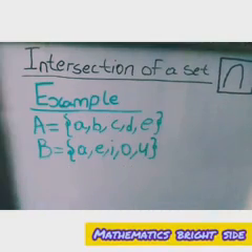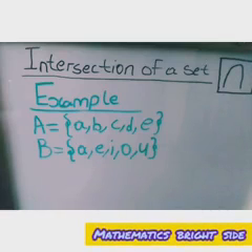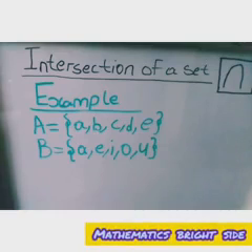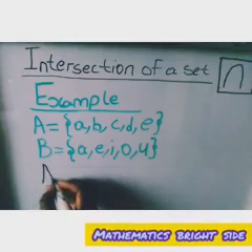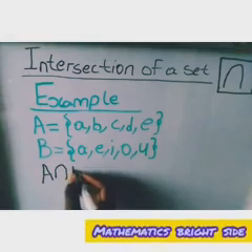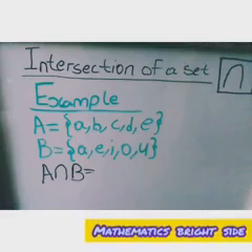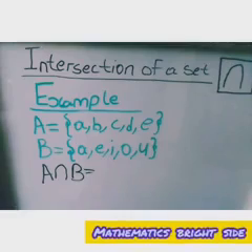Let's look at one more example on how to identify intersection of a set. To get the intersection of the set A and B, that's very easy. That is A intersection B is equal to. So we're just going to look for the common elements in set A and set B. So let's start.